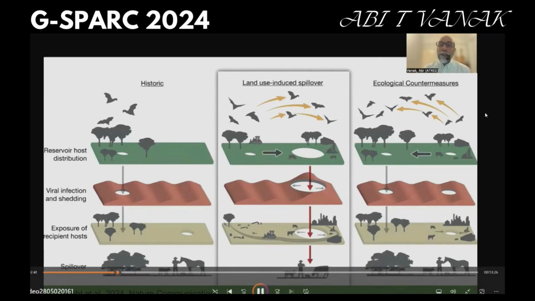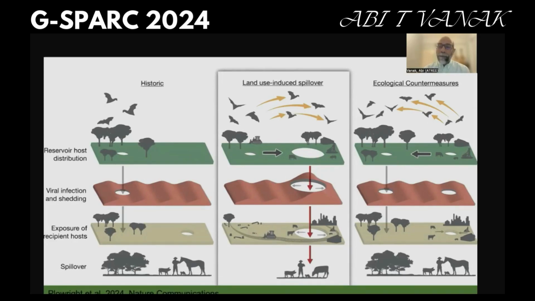There is also a natural infection and shedding cycle going on. I'm saying viral, but it could be any pathogen, bacteria, whatever you want. And if there is some pathogen shedding going on, then you assume that there will be some recipient hosts that are available for exposure, and if this happens, then you assume that there will be a spillover.